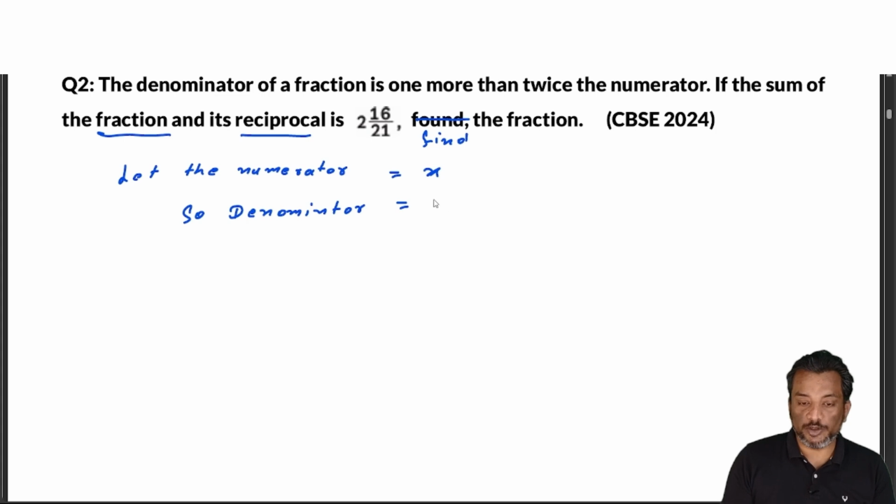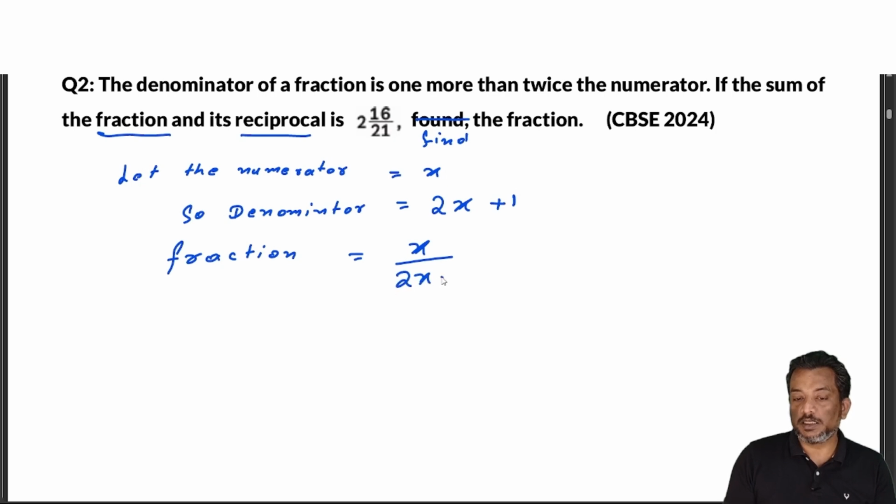So 1 more than twice, which means 2x plus 1, where twice means of numerator. So 2x plus 1. So this is your fraction. Now according to the question, so fraction you can write x over 2x plus 1.